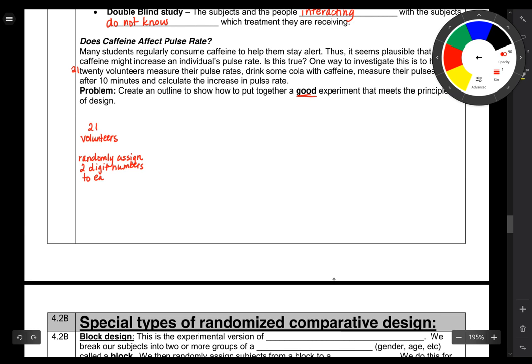So I would do 01 to 21. Then use a random number generator, and abbreviate, to choose groups.